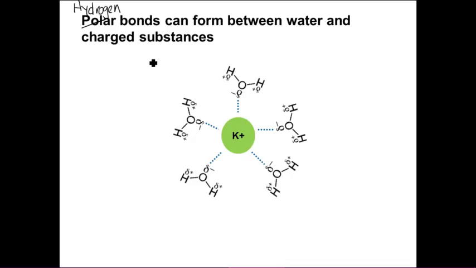A charged substance just has a full charge on it, but it will still attract the oppositely charged partial part of water, the partially charged part of water. So potassium has a positive charge on it. It's an ion, the K plus. It's going to attract the partial negative, and they'll form hydrogen bonds all the way around it.